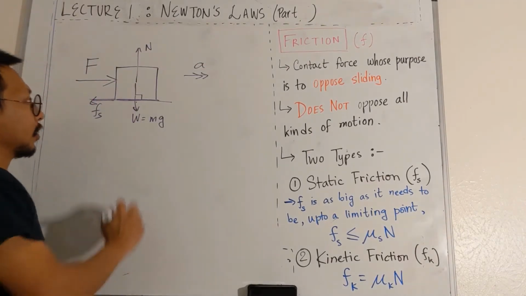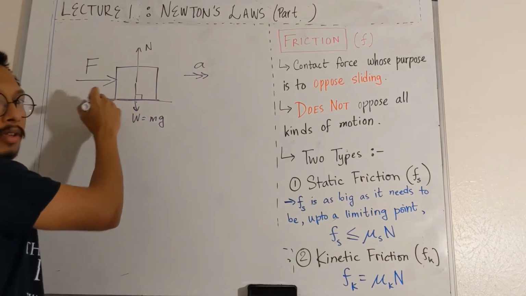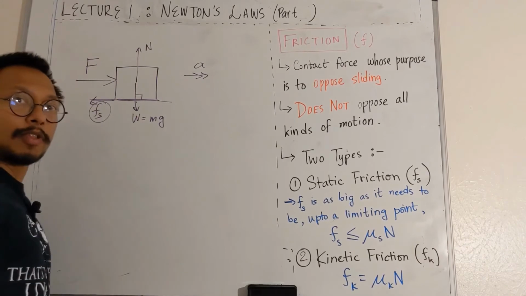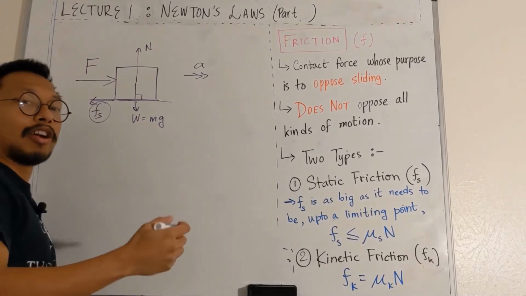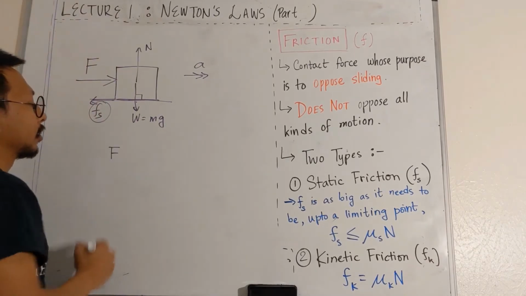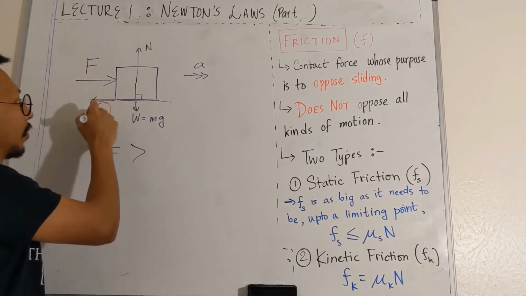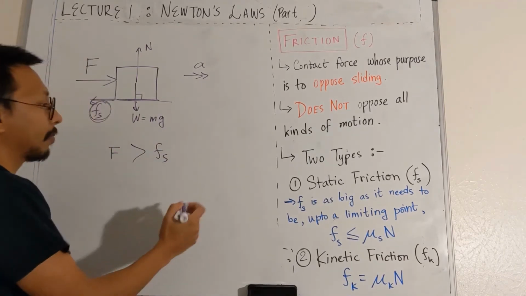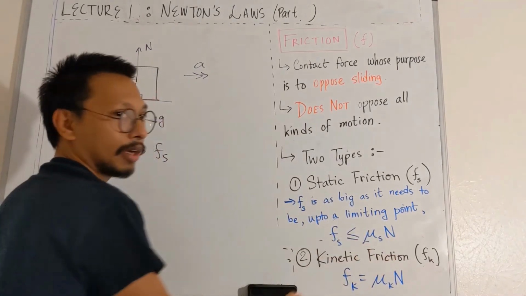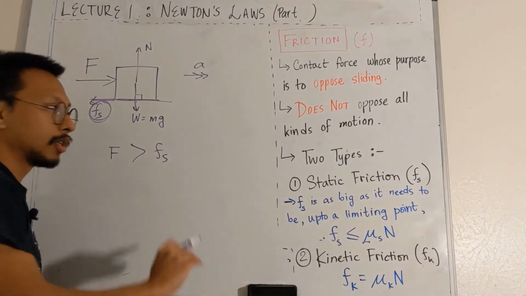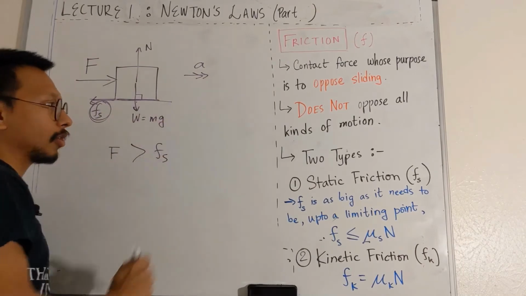All right, but is this infinite? Can you never move the box? Well, no, because you can move the box if you exert a large enough force. So if the force is larger than whatever this Fs is for your ground surface, so remember Fs is equal to mu times N, so friction depends on the coefficient of friction of the surface that you're trying to slide the thing across.